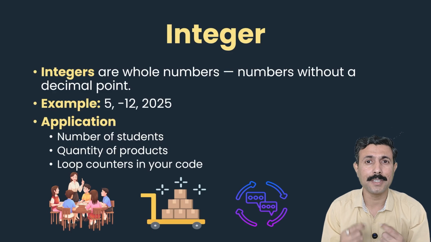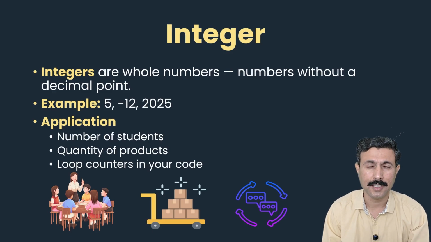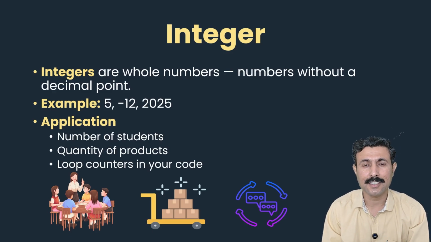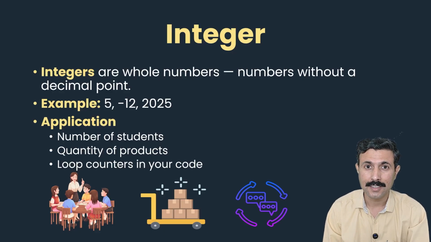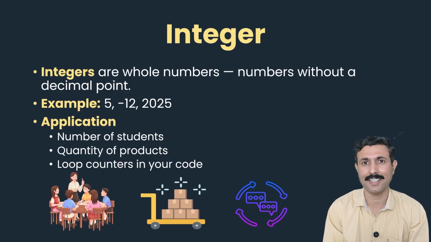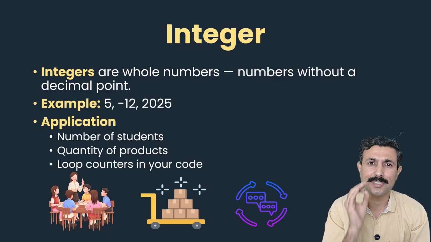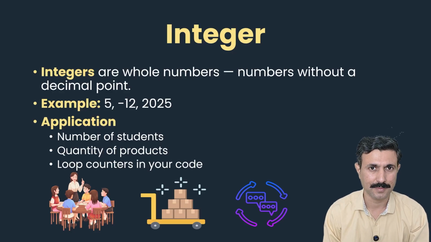In real-world applications, integers are widely used in indexing, in IDs, in iteration control. So they are precise and memory efficient for exact counting, where you want to count something exactly.